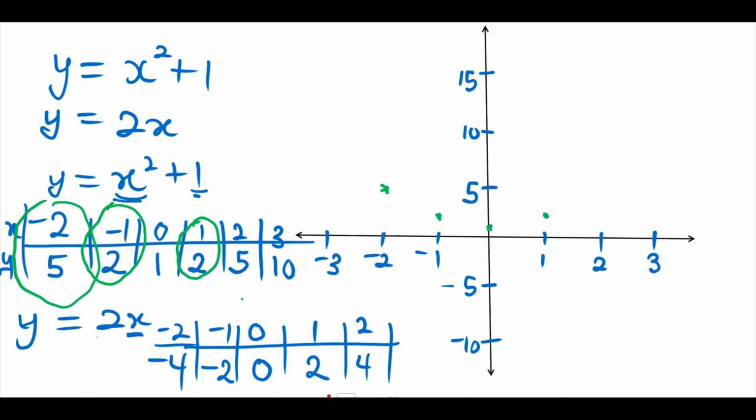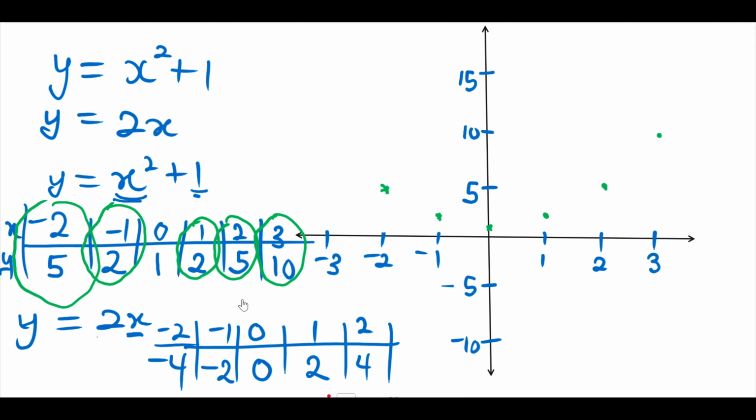Okay. Then the next one is 2 against 5. So y is 5 and the x is 2. So 2 against 5 will be somewhere here. Okay. Then the last one is 3 against 10. So 3 here, then our 10 is here. Okay. So we can now draw our graph.